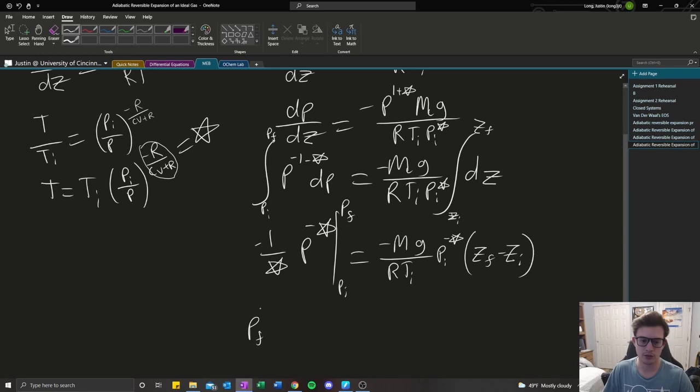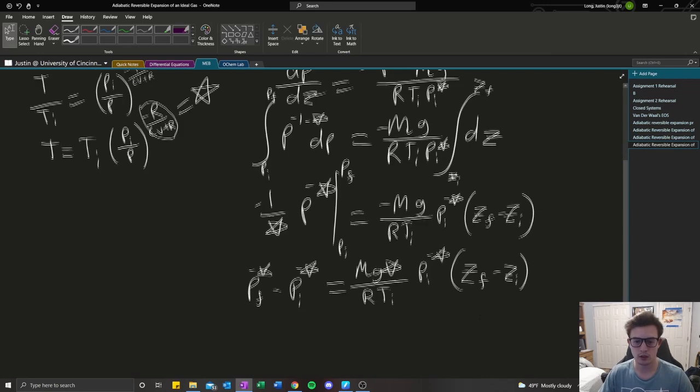So we've got pressure final to the negative star minus pressure initial to the negative star, and that's going to be equal to, and then the negatives will cancel, and then we'll end up with molecular weight times G over star times the temperature here, and then we've got negative star times the final position minus the initial position. All right.